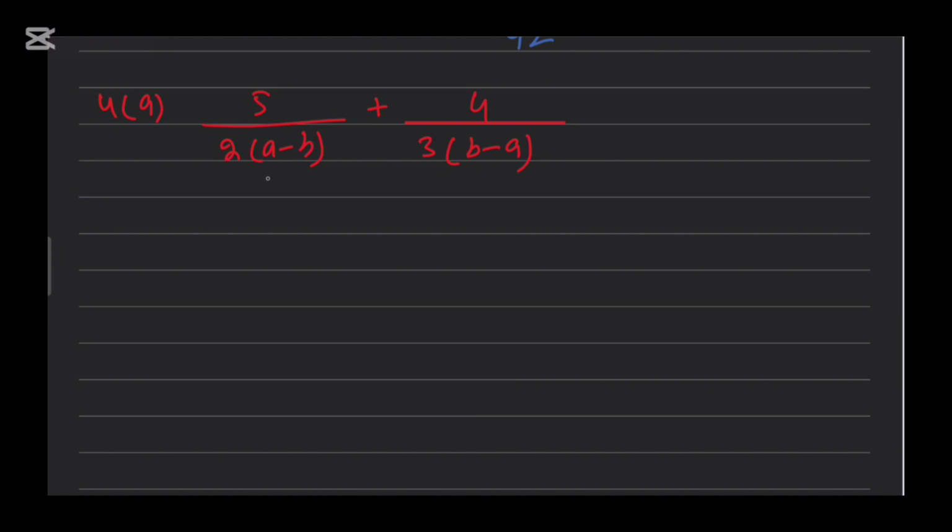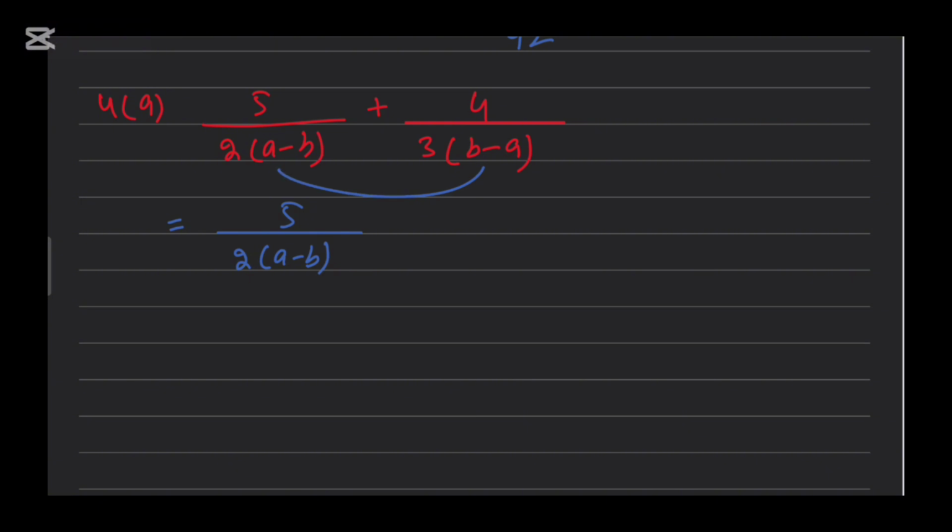You can see that these two brackets, their signs are not same. So how will you make their signs same? By taking negative common. You can take negative common from this bracket and your signs will become same. How? Let me explain. 5 over 2 into a minus b will remain as it is.